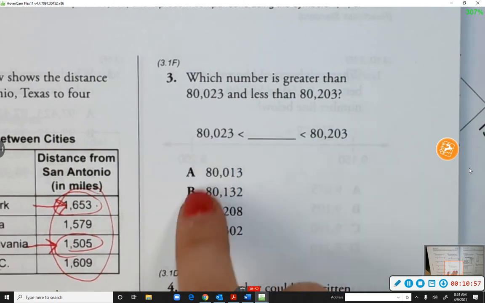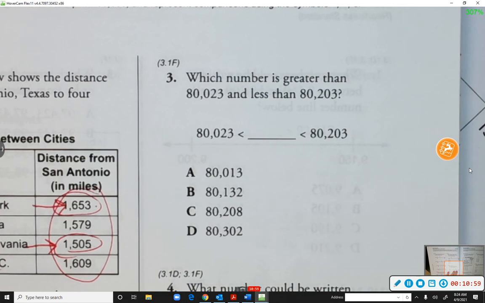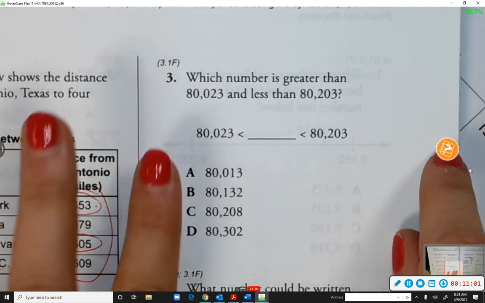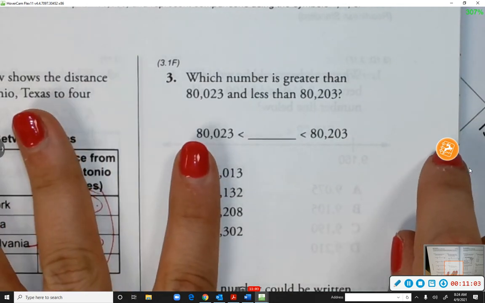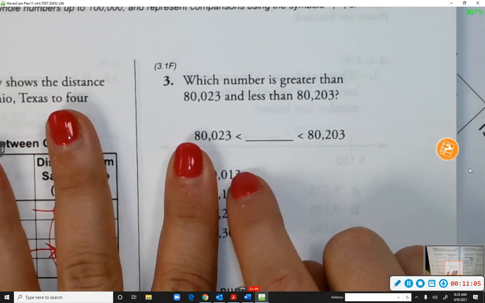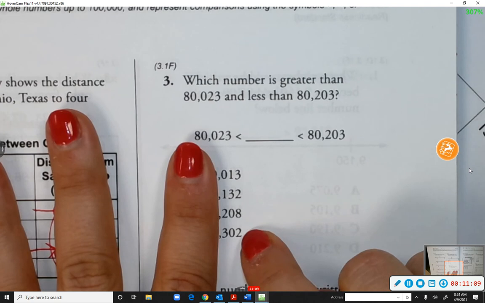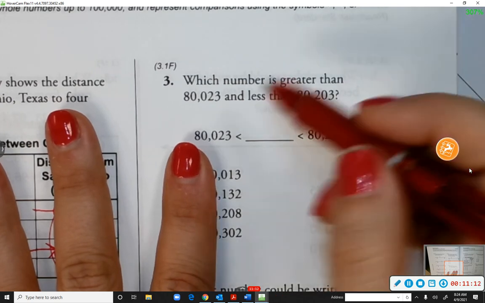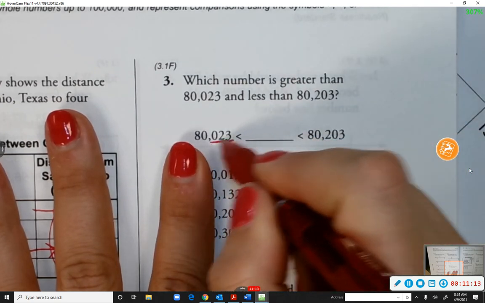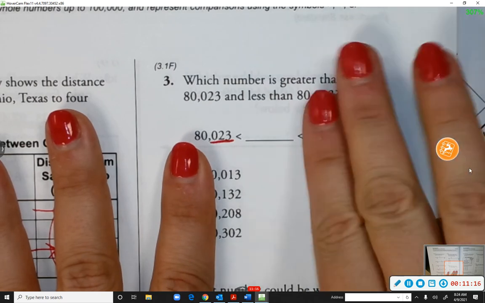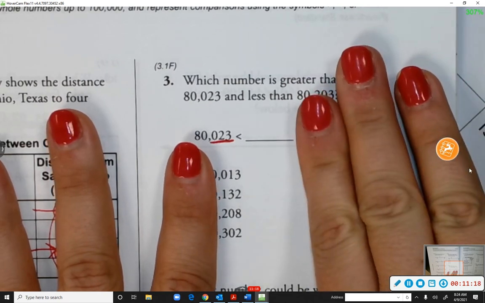If they all start with 80,000? Yes, so I'm going to just look at it like that. 13, 132, 208, 302. I'm going to start with this first number and not even look at the second one.